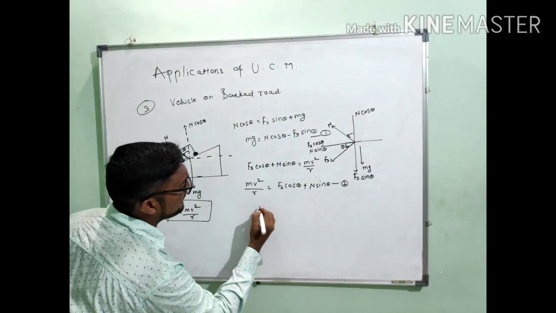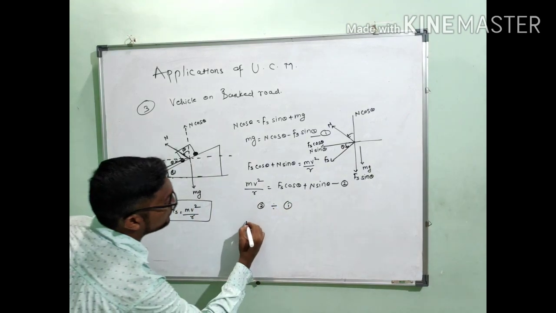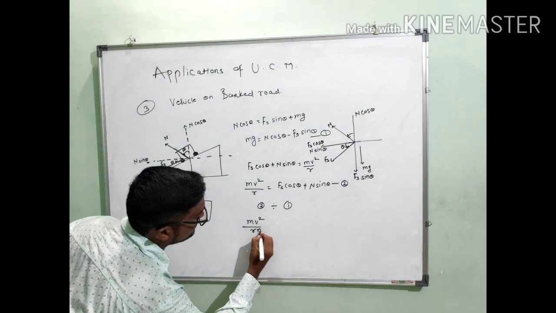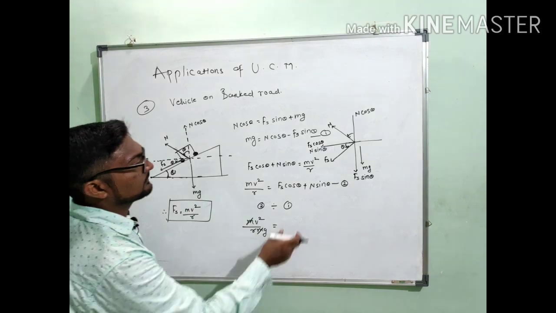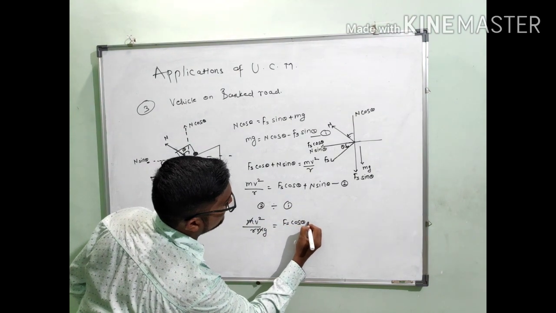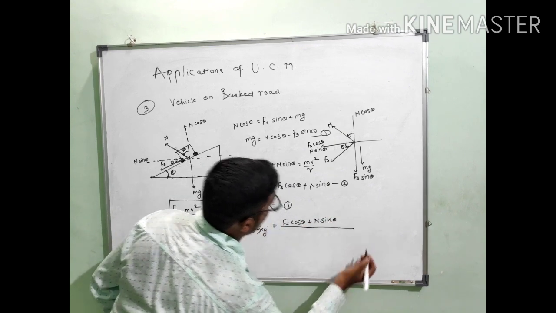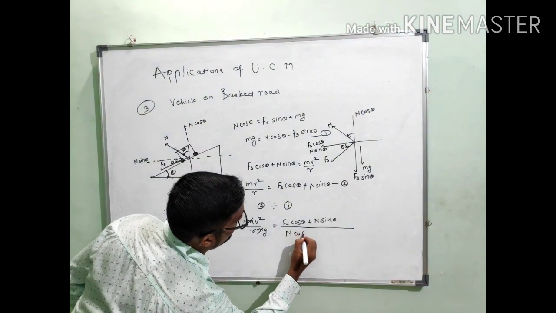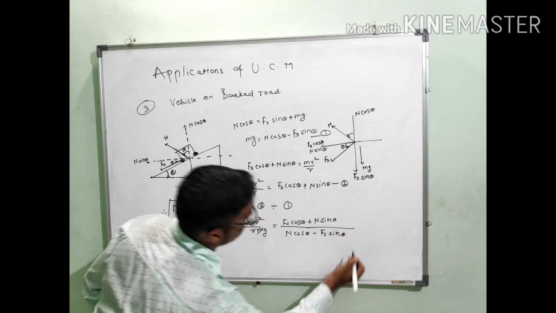So let us divide equation number 2 by 1. So mv square upon r divided by mg, the m gets cancelled. So Fs cos theta plus N sin theta divided by N cos theta minus Fs sin theta.